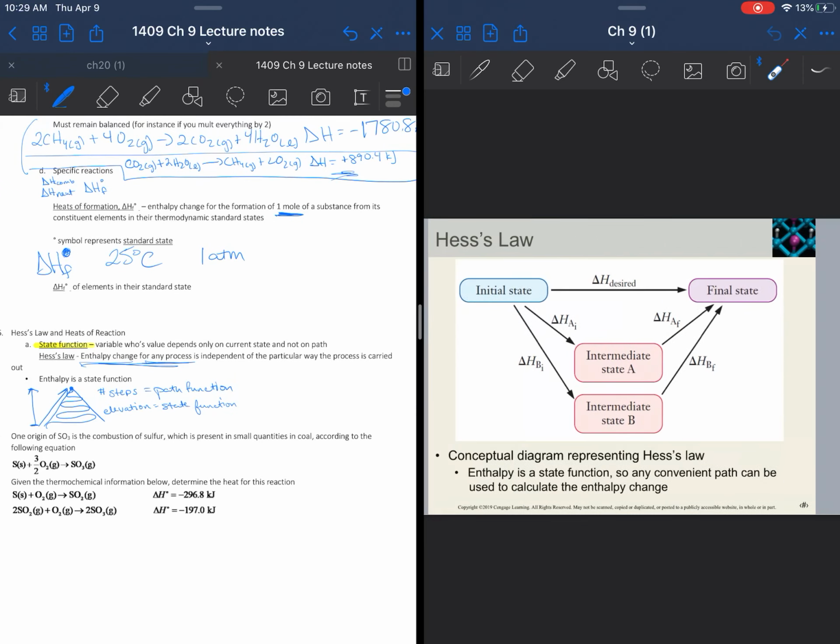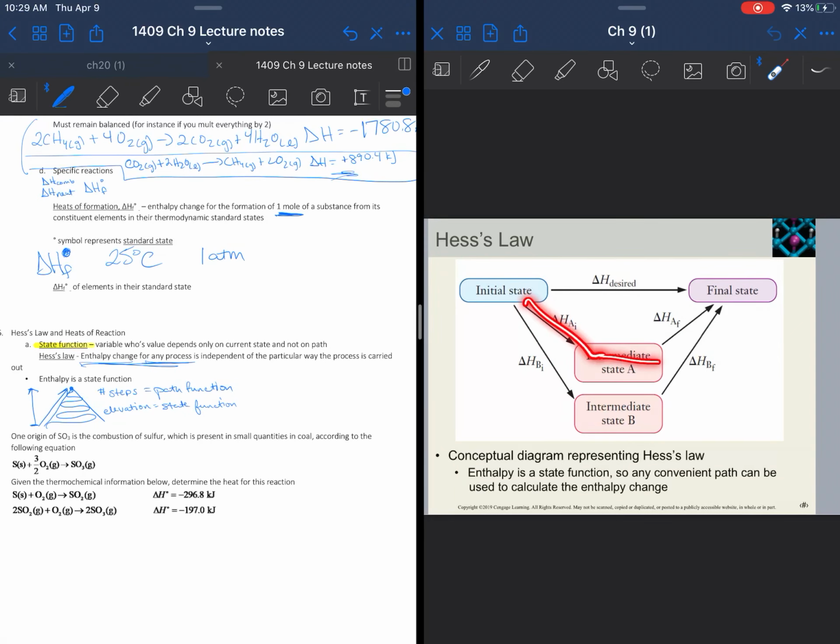Okay, so how does this apply to a chemical reaction? Well, Hess's law tells us that an enthalpy change for any process is independent of the way that process was carried out. So when we look at this graph, if we go from starting materials to products, and let's say it somehow just goes straight there, this is the change in enthalpy that we are interested in.